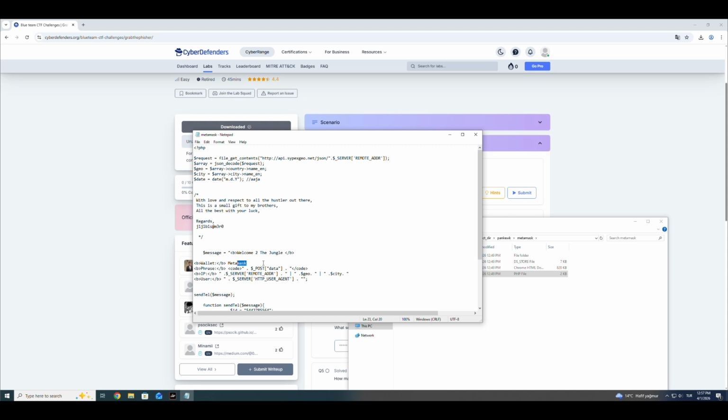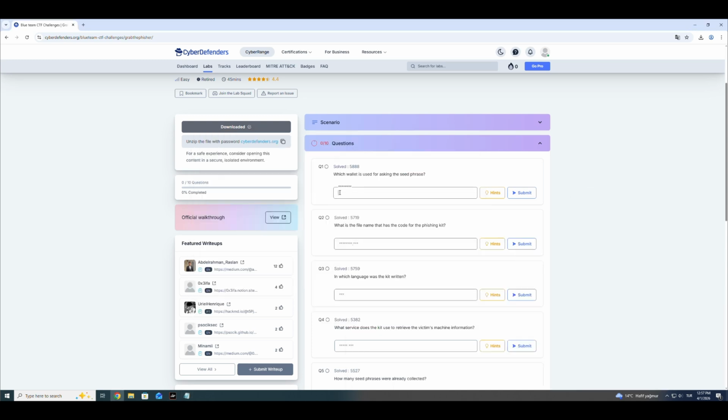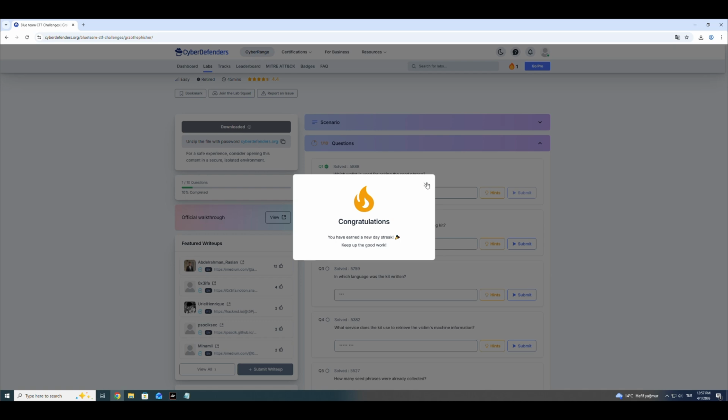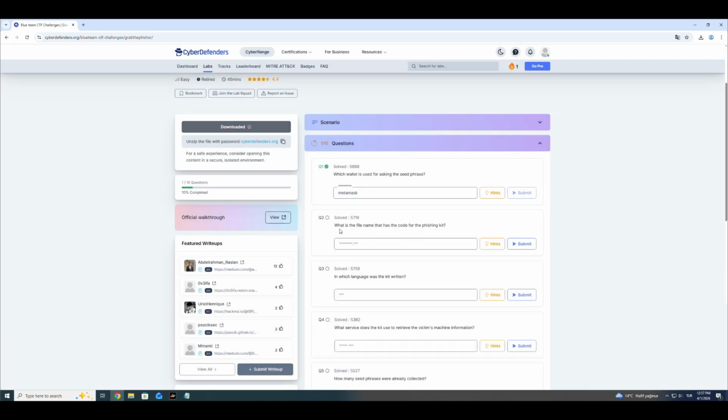With the lure identified, we need to pivot to static analysis. Browsing through the extracted directory structure, we are looking for the engine driving this phishing kit. We quickly identify a file named metamask.php.